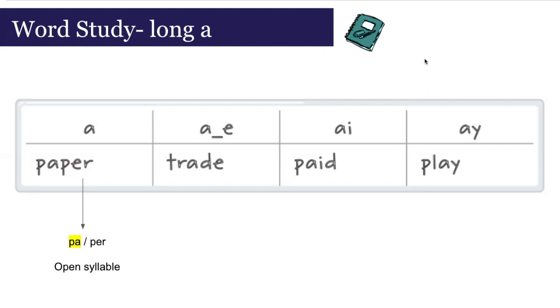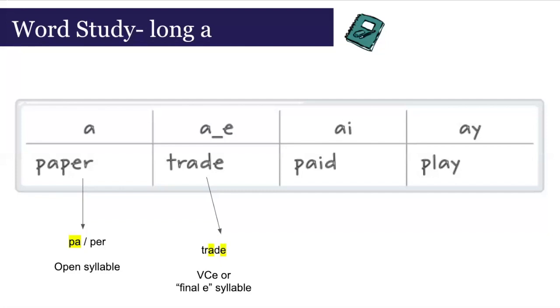Let's look at the next word, trade. I'm going to focus on the A and the E. The long vowel sound, A, is often used with this spelling pattern, A-E, which is also known as a vowel consonant E or a final E syllable.